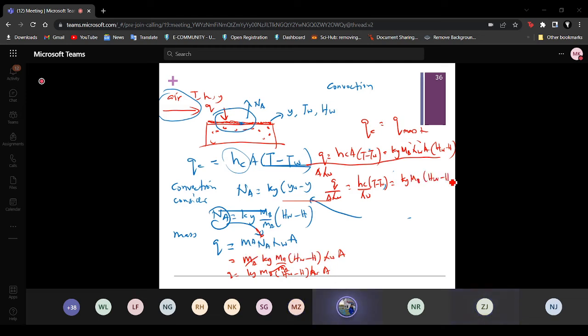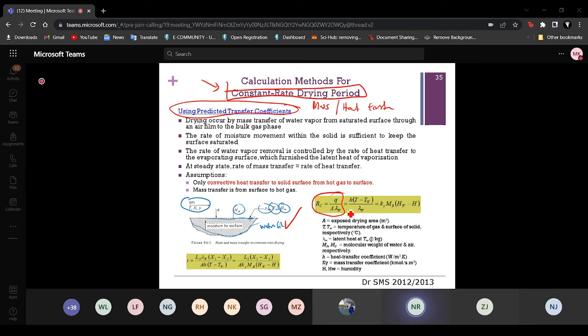Okay. So to find the constant rate RC, RC is basically equal to this equation, Q over A latent heat at wet bulb. Earlier you already derived it here. So this is equal to RC.